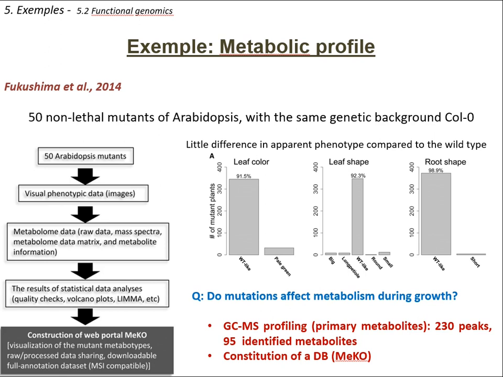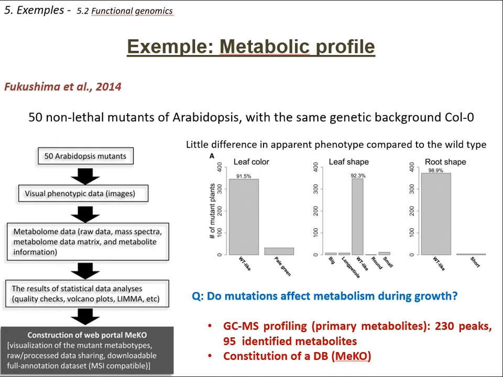It's the most commonly used genetic background of Arabidopsis. And they made 50 Arabidopsis mutants from this background. And for each of them, they took phenotypic data related to the growth, the color, mostly by taking pictures of these mutants.